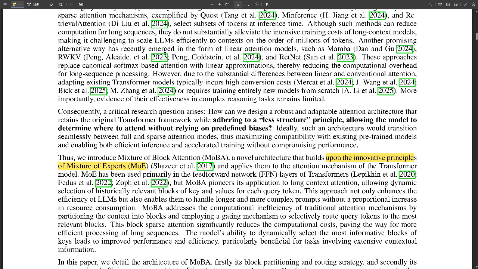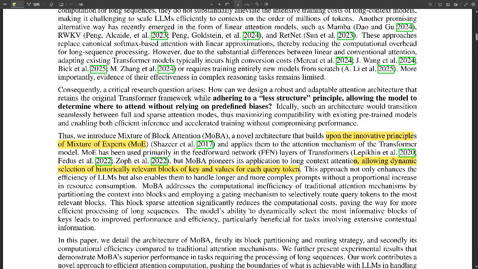So MoBA doesn't try to process the entire sequence at once. Instead, it uses what they call a gating network to selectively route each query token to only the most relevant blocks. So it's almost like a triage system. Exactly. For information. And this selective routing dramatically reduces that computation burden, allowing MoBA to handle sequences of 1 million tokens or more. That's amazing.